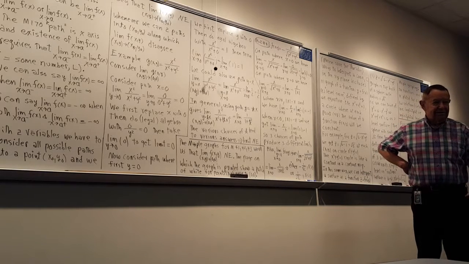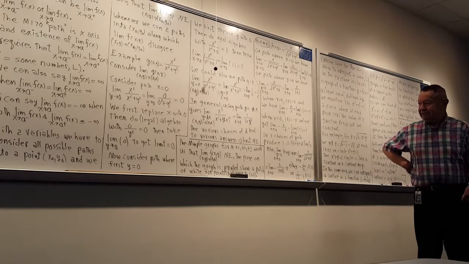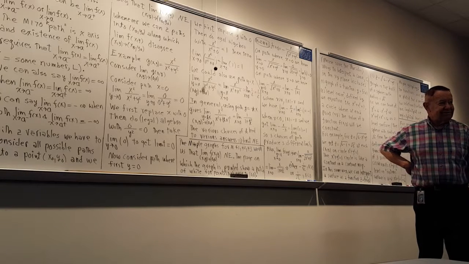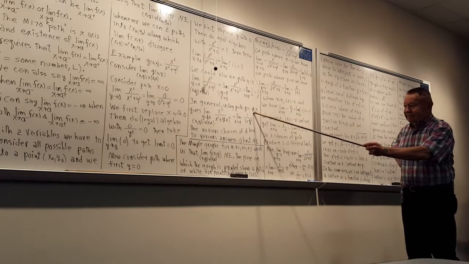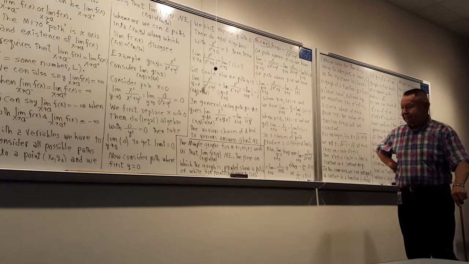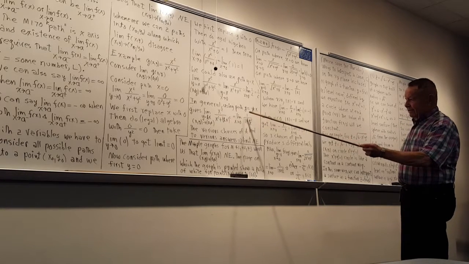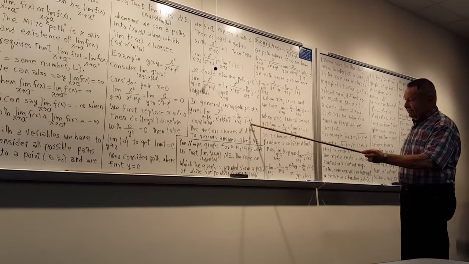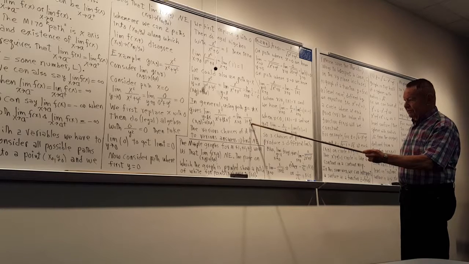If you have problems like this where there isn't any limit, what is going to happen is you can choose as many paths as you're willing to sit still for and get that many answers as a rule. So you could come in on the path kx, k is any real number really, and make your replacement, and you have 1 over 1 plus k squared, and that limit then will be whatever is your choice of k.